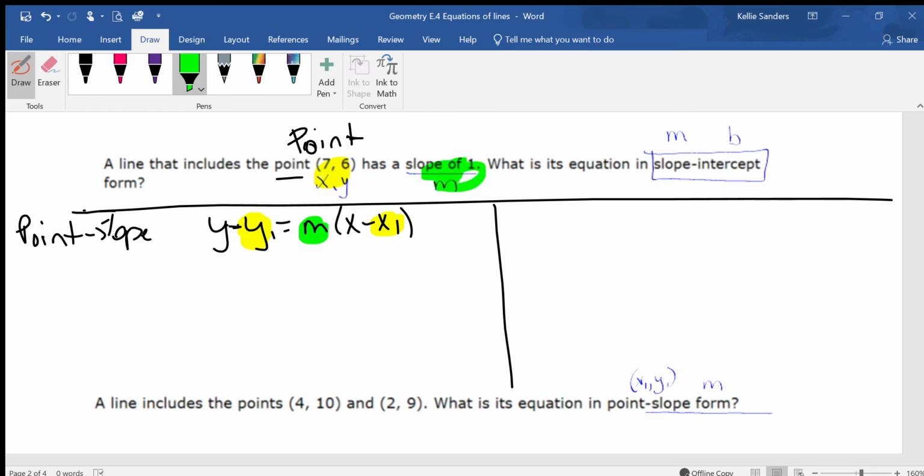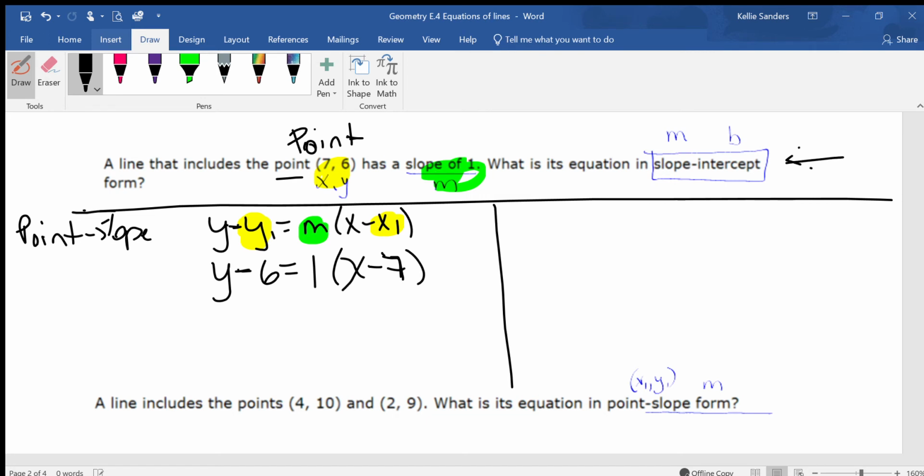The plain y and the plain x will stay y and x. So it's y, it's always minus, and what's y1? 6 equals m. What's m? 1, parentheses, plain x, always minus, and what's x1? 7.